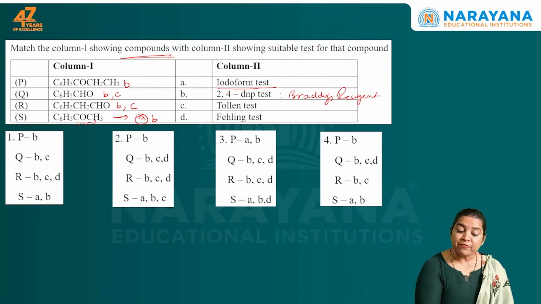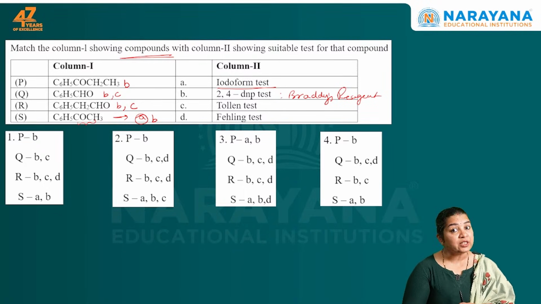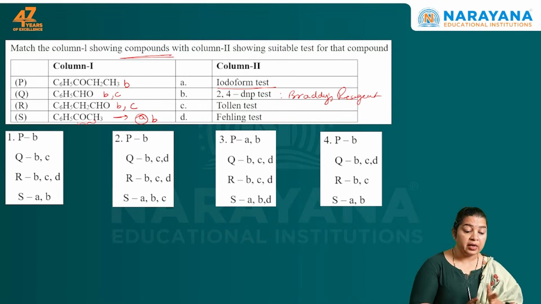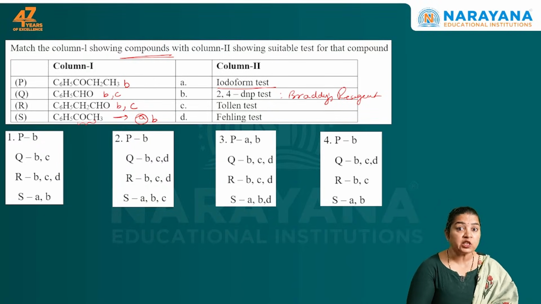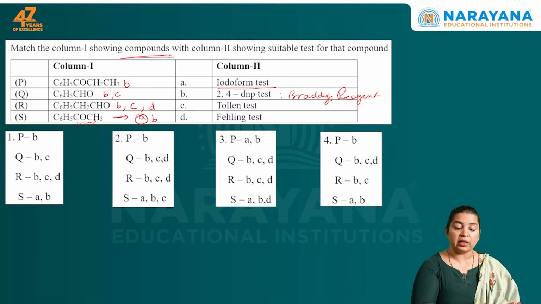Next comes the Fehling. Fehling is also the test for aldehydes, but very important point, aromatic aldehydes fail to give Fehling test. And Q, yes, being an aldehyde, we might expect to give Fehling, but it is an aromatic aldehyde, so it will not give, whereas this will give.